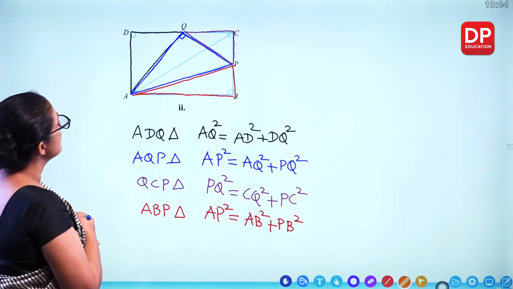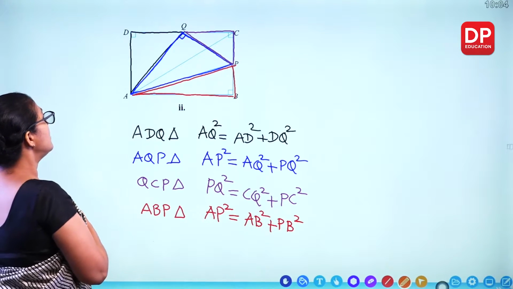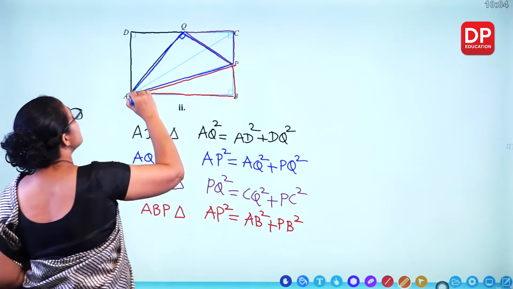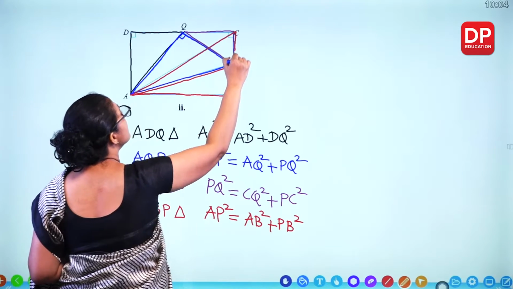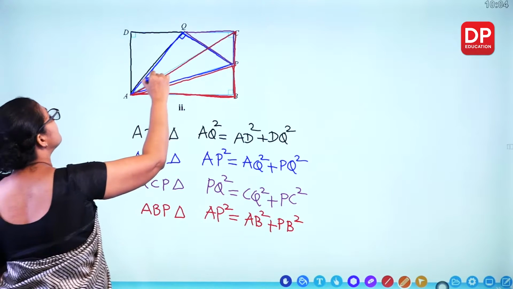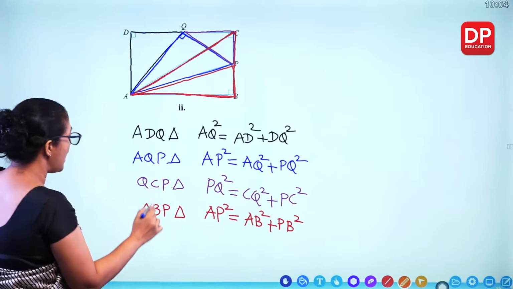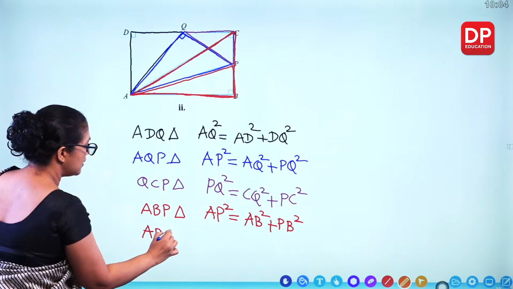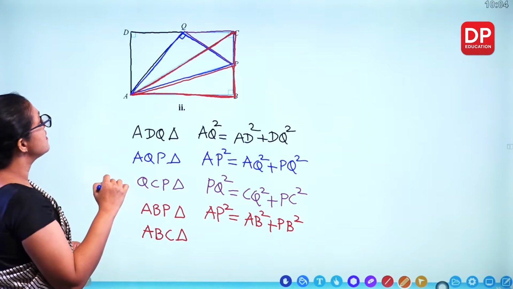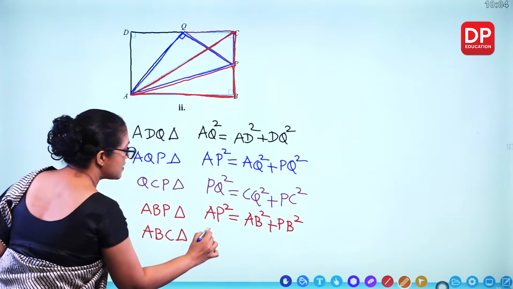So that's this one. And here we can take this triangle as well. ABC triangle. AC is the hypotenuse.